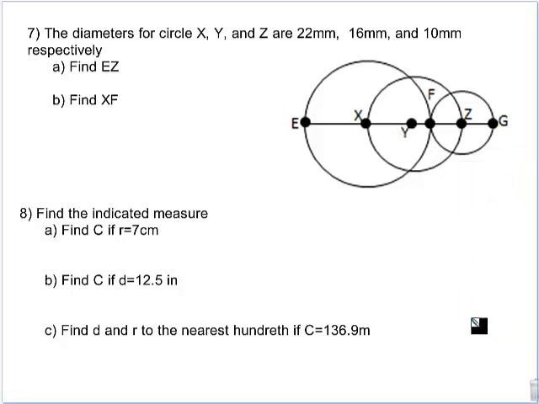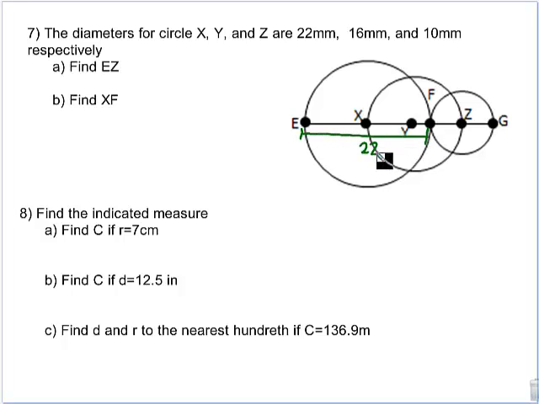So the diameters for circles X, Y, and Z are 22 millimeters, 16 millimeters, and 10 millimeters, respectively. We want to find EZ and XF. Well, EZ is going quite a ways across here, so let's try to figure out EZ first. Circle X, we know the diameter is 22, so from E all the way to F, that's 22.